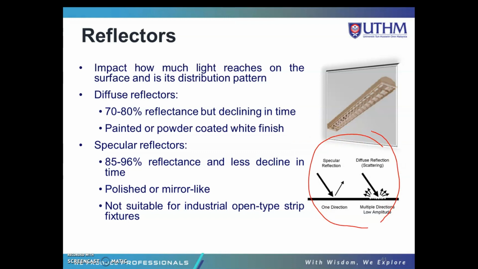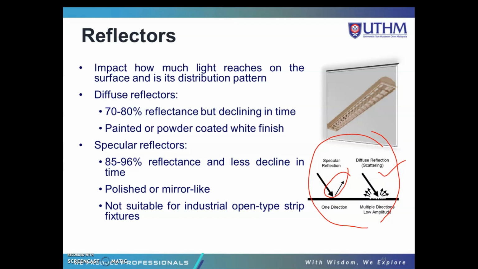So diffuse reflection is the reflection of light from a surface such that a ray incident on the surface is scattered at many angles, rather than at just one angle, as in the case of specular reflection.